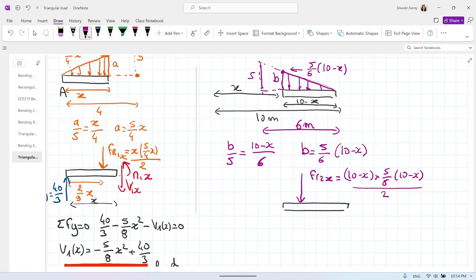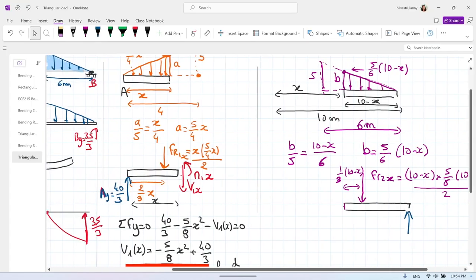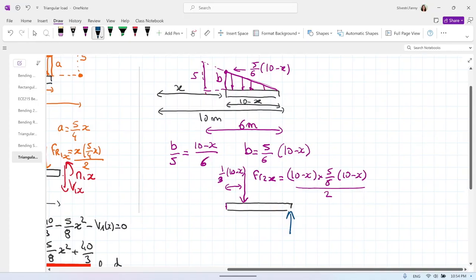We will look at this distance from that side because we will do x on that side. That will be 1/3 of 10 minus x, the total distance of the triangle. What do we have? We have 35/3.